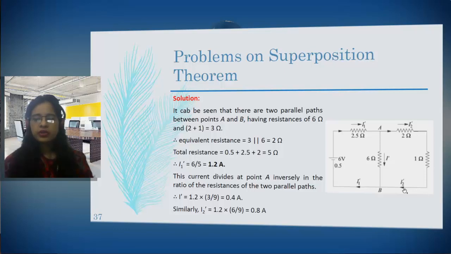Now this 3 ohm resistance is in parallel with the 6 ohm resistance, so the equivalent of the 6 ohm and 3 ohm is 2 ohm.